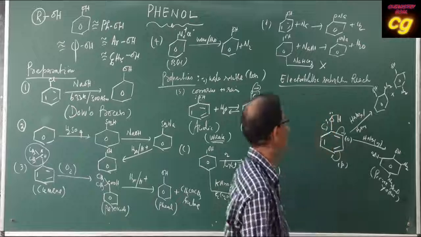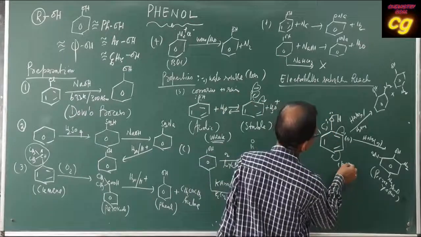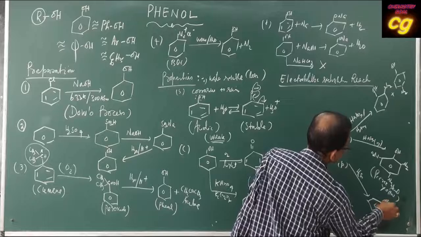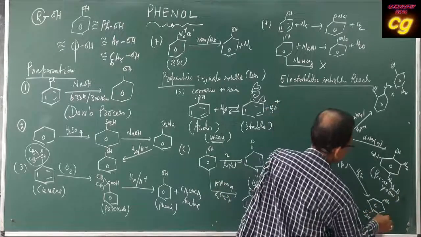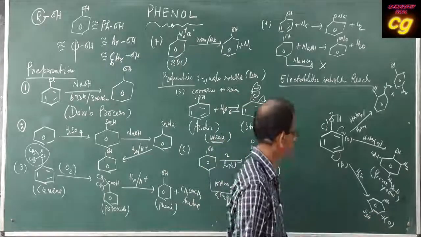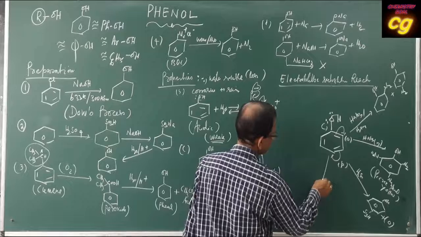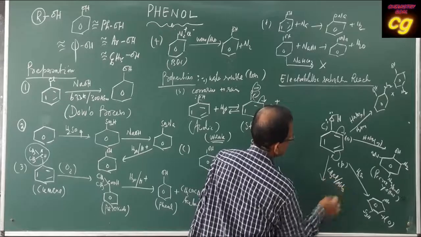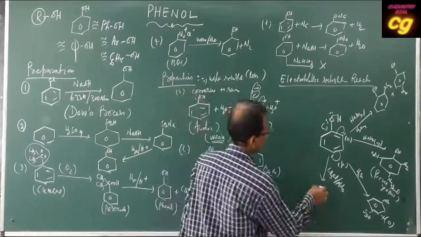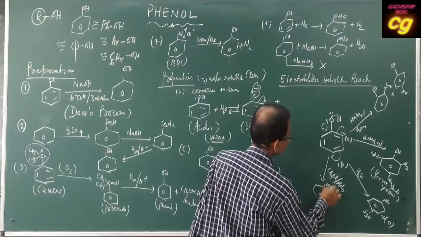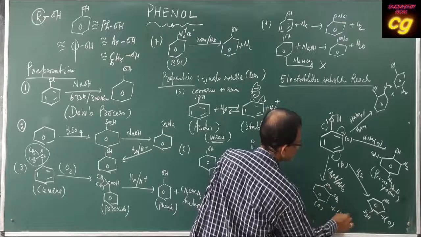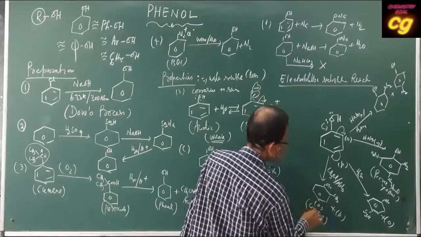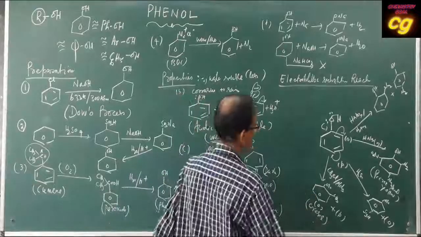Then nitration, and sulfonation you can do also, with sulfuric acid, again giving ortho and para products. Then phenol also undergoes alkylation with CH3Cl and aluminum chloride, that is Friedel-Crafts alkylation, and the product is ortho plus para, called cresol, formation of ortho and para cresol. Acylation is also possible.